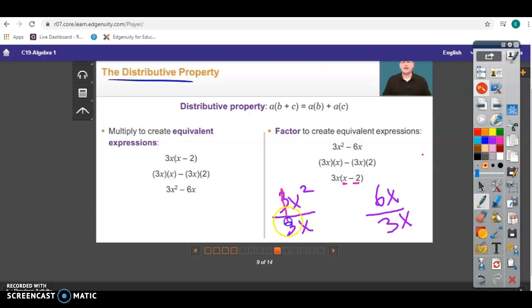Because 3 divided by 3 cancels. Then you have 2 x's on top and 1 x on bottom, so I can cancel 1 x on both. And that leaves me with just 1 x. And right here, the x can cancel with the x. And then 6 divided by 3 is 2. There was a negative in the middle, so that's why it's -2. Okay?